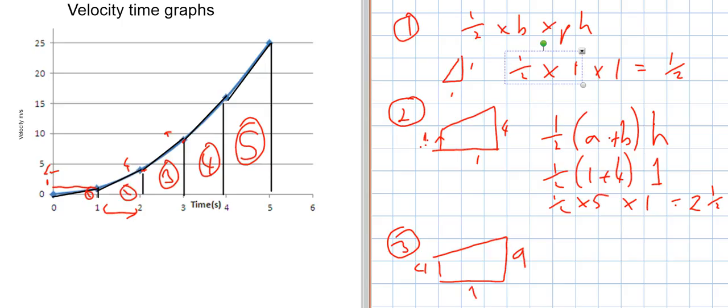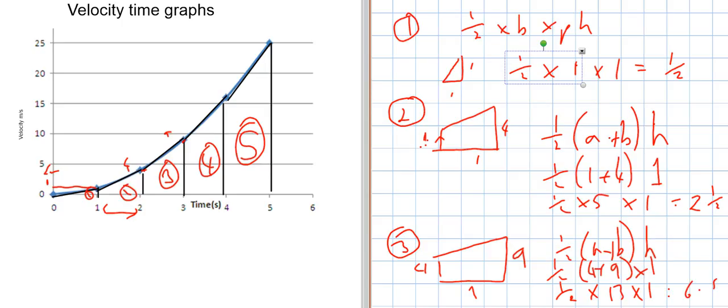So we need to substitute that into the formula, half times (a plus b) times the height between them. So I've got half times (4 plus 9) times 1. 4 plus 9 is 13, so I've got half times 13 times 1. Half of 13 is 6.5, times 1 is 6.5.